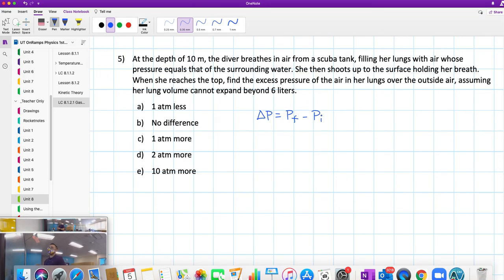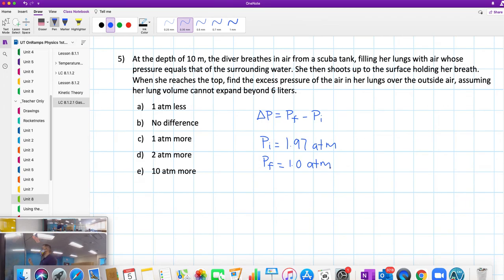So from questions 1, 2, 3, our final pressure is going to be our initial pressure, just like we did on question 4. So pressure initial, that is at 10 meters, is 1.97 atm. Pressure final, we know at the surface, it'll be 1.0 atm.